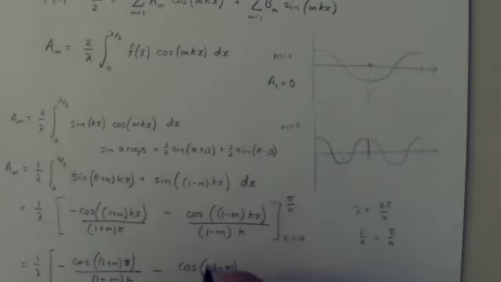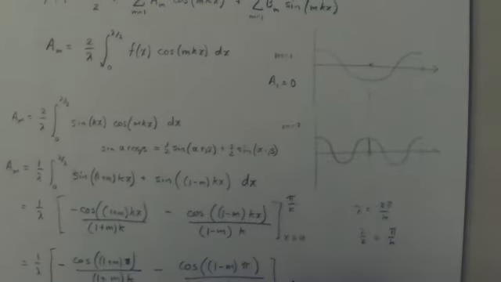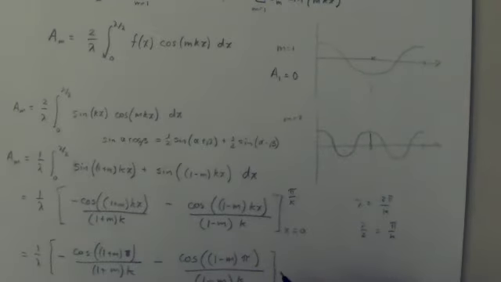One minus m times pi divided by 1 minus m times k. Oops, I'm not done yet.